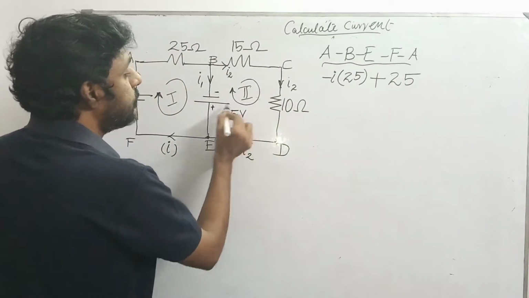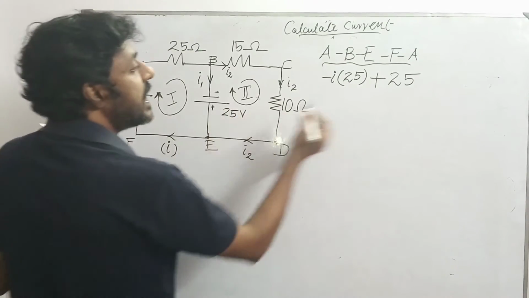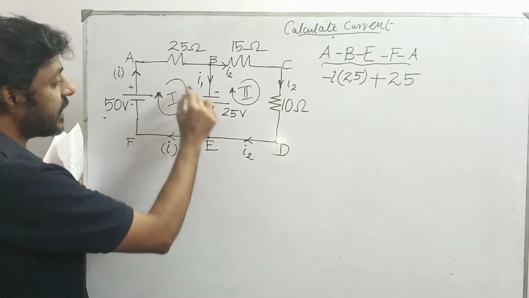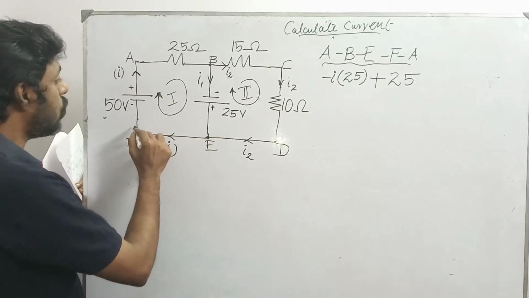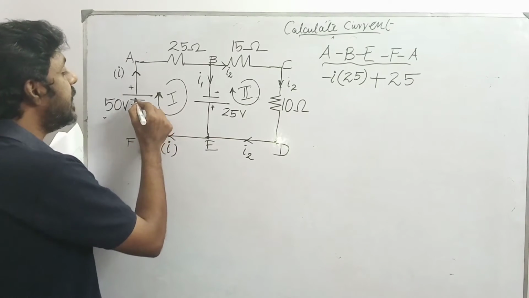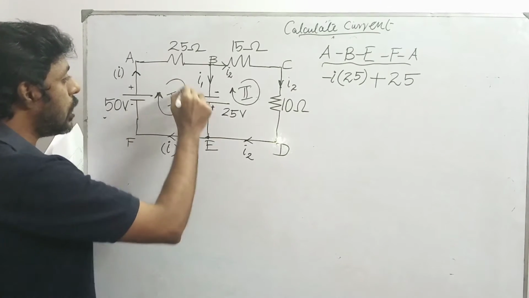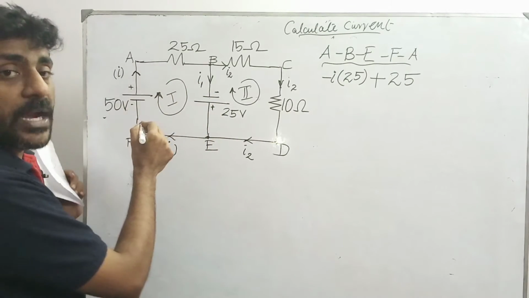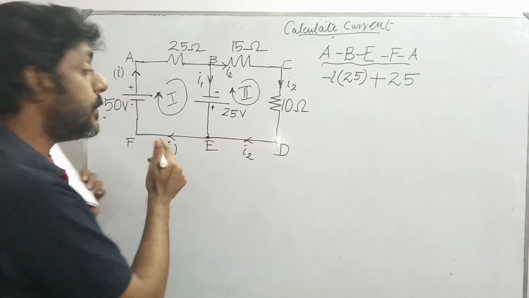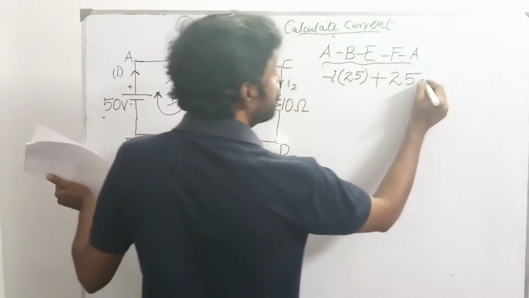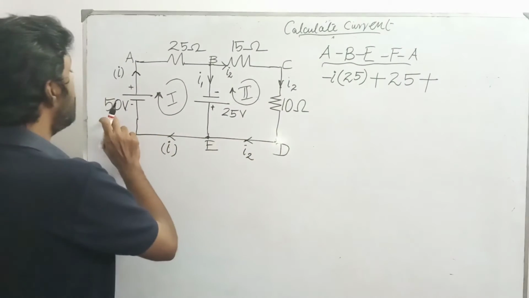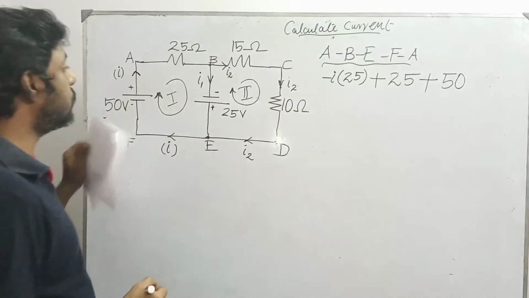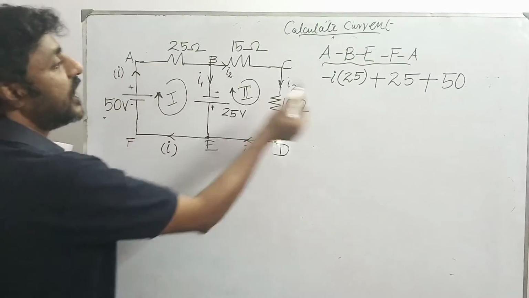Then I keep on moving in the clockwise direction, and I encounter the negative terminal of the battery here. First I encounter the negative terminal, so I automatically add a positive sign and add this 50 volts. And this minus 25I we have already done.